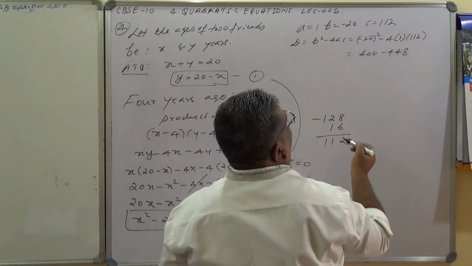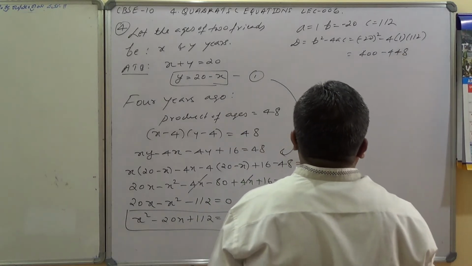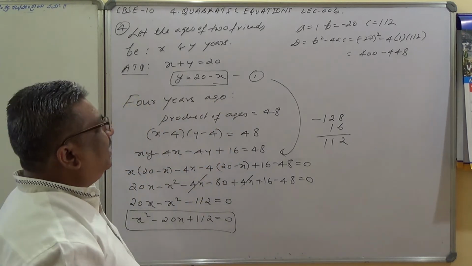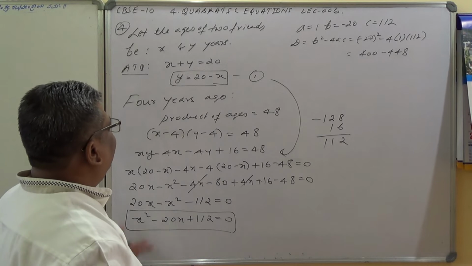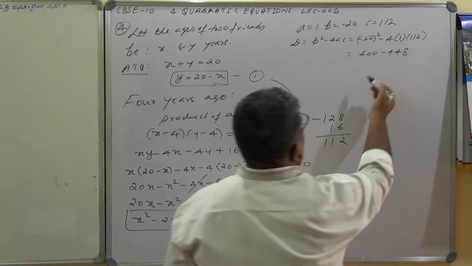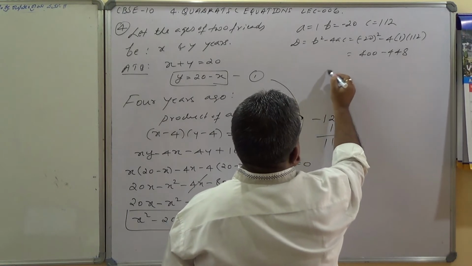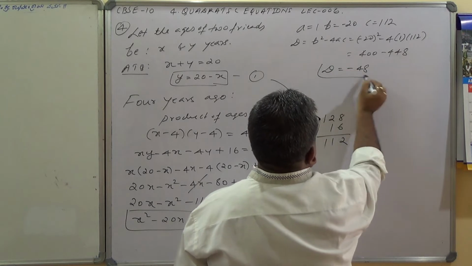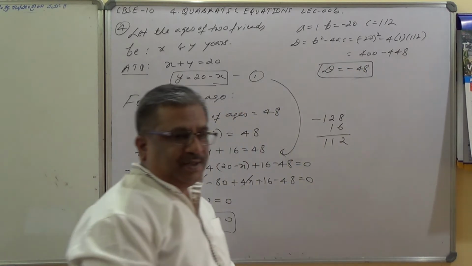Yeah, 400 minus 448. We are arriving at a situation where d is negative. We'll have to check this answer from the textbook. Okay, fourth question. So, d equals minus 48. Hence, the situation is not possible.